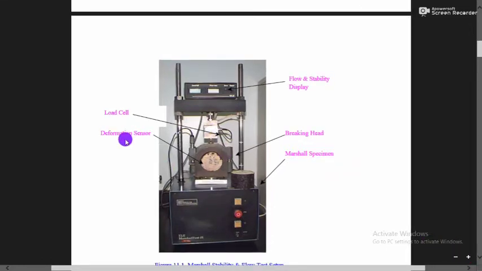The load cell, deformation sensor, flow and stability display, the breaking head, the Marshall specimen, a switch on off of the indicator. A very important equipment.